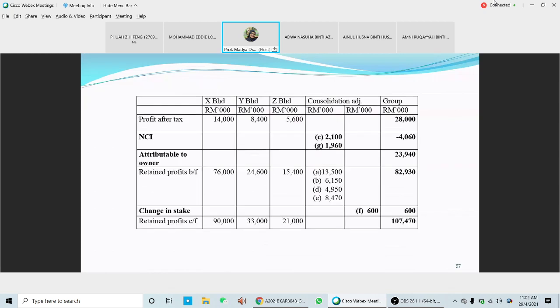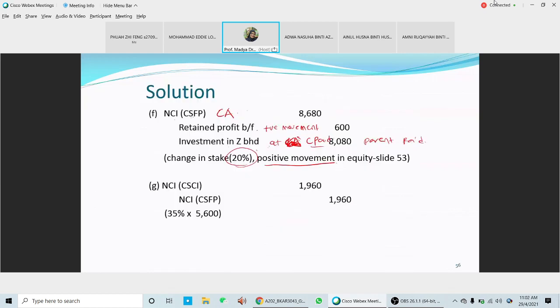Okay, the parent has 65% shares, and this 65% is a combination of direct 20% and indirect 45%. 45% for indirect, so 65. So it means that NCI has another 35%. Okay, so any questions that you have for this one, for the changes in additional stake?